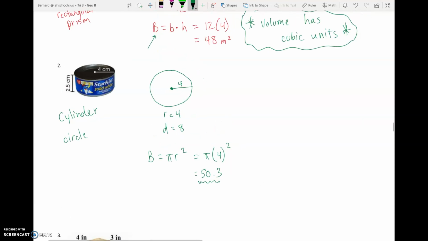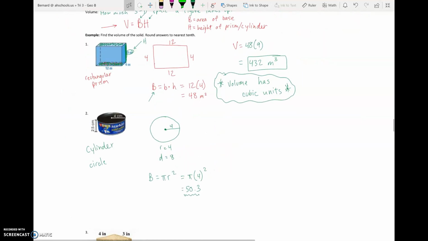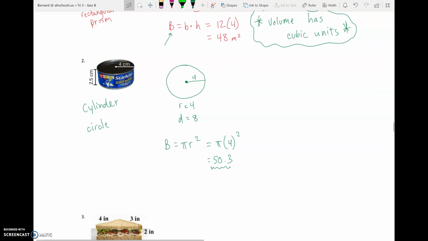And then what's h? Now we need to know what our height is to be able to find the volume. Remember, height is the distance connecting our two bases. So that would definitely be 2.5 in this problem. And so our volume is then big B, which is 50.3, times h, which is 2.5. And let's multiply those together.